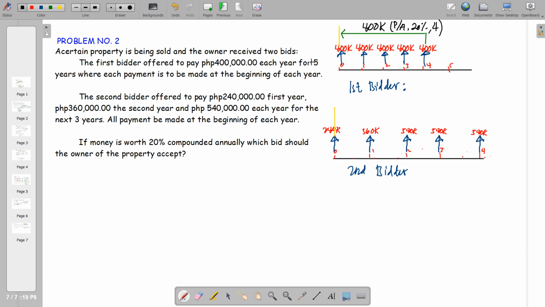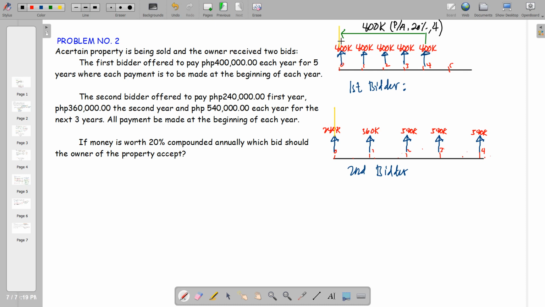So if you notice, 400,000 for 5 years, your N here is 5. So we took 5 and then we less 1. So for the annuity due, we take N and then less 1 for that N, since the first payment is occurring. Parang nag-transfer yung payment, instead nasa N siya, nandun siya sa first or the present time.